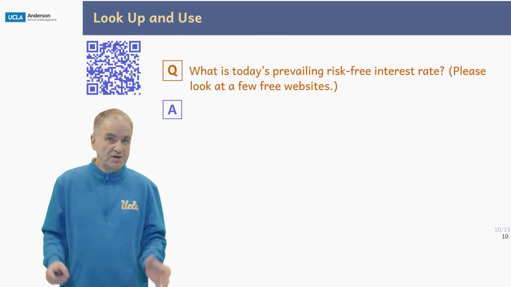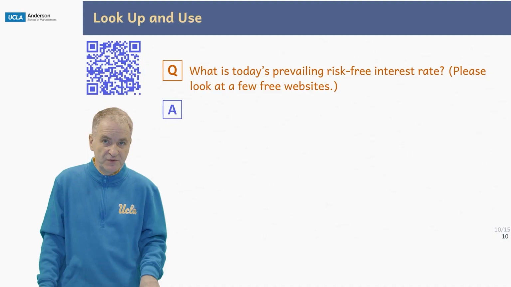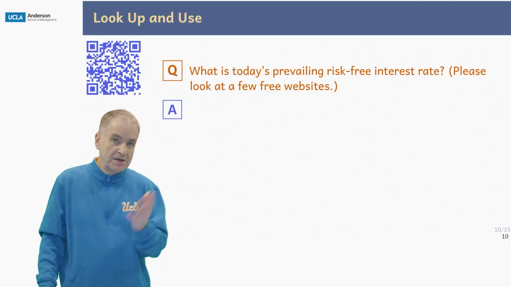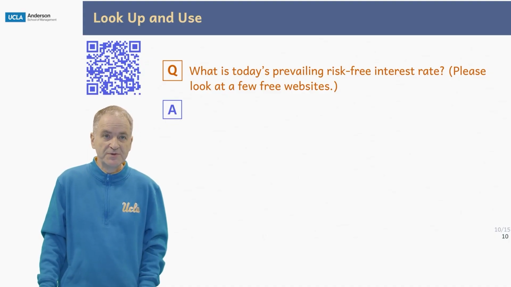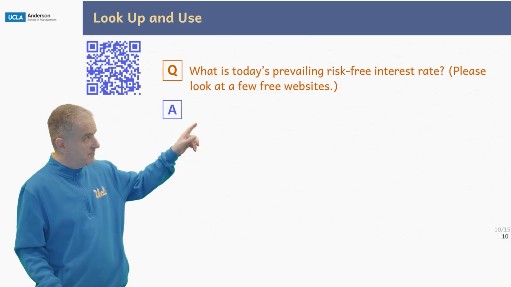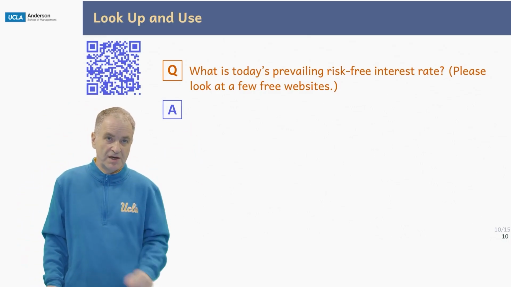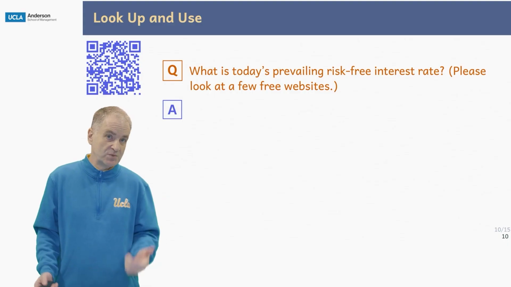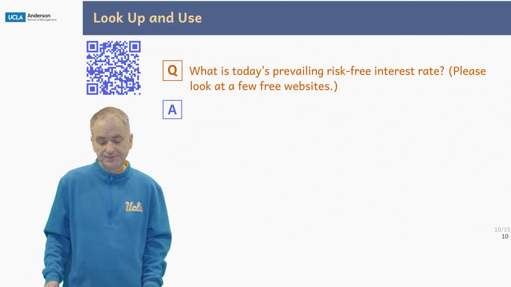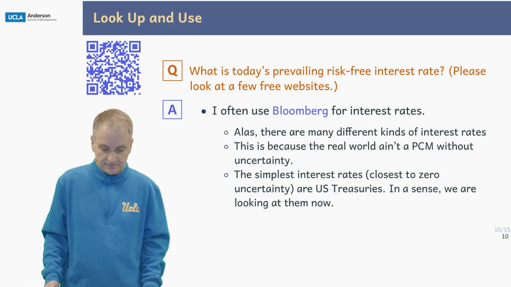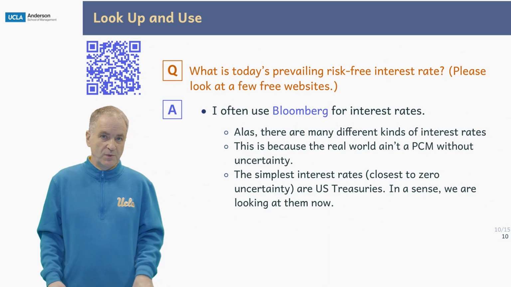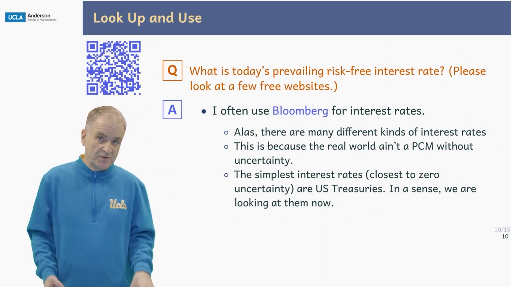Now, what is today's prevailing risk-free interest rate? Please look at a few free websites. And by the way, up there, I've put a QR code so you can get to at least one of these websites. The website I use for this very often is Bloomberg.